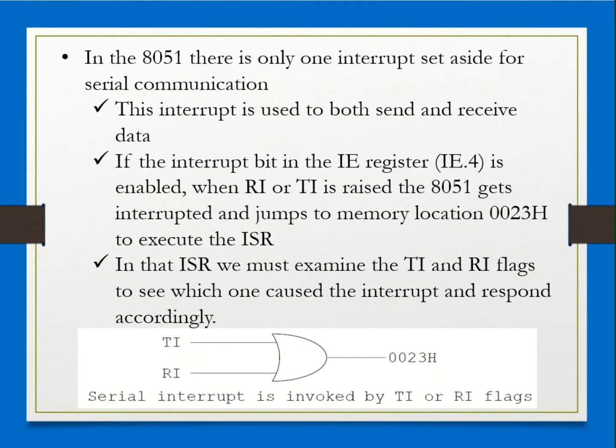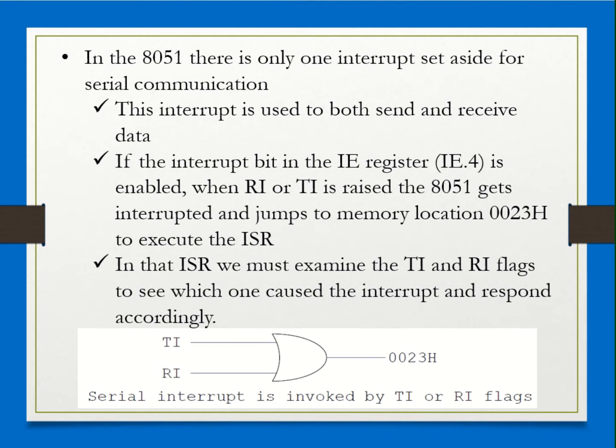So in serial communication, the 8051 has only one interrupt for serial communication. Okay, so this interrupt is used to both send and receive data. So if the interrupt bit in the IE register, as I mentioned now, the fourth bit, is enabled, when the RI or TI flag is raised, that will indicate an interrupt.